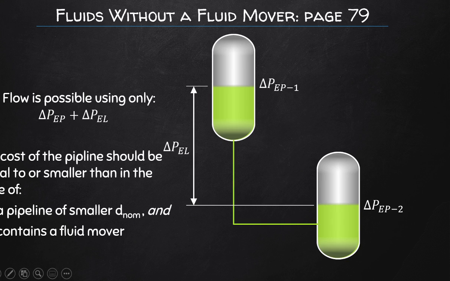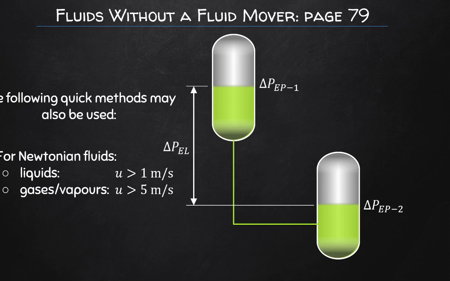The cost of such designs should always be better than the alternative case of using a smaller pipe diameter together with a fluid mover, since the fluid mover can make use of smaller and therefore cheaper pipe diameters, and achieve the desired flow rate in the end. So one should always check this. Usually the following minimum requirements should be met.